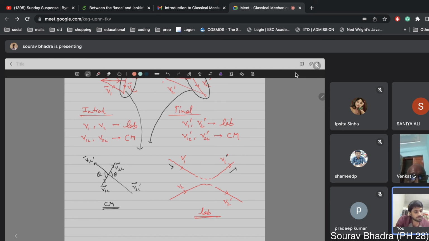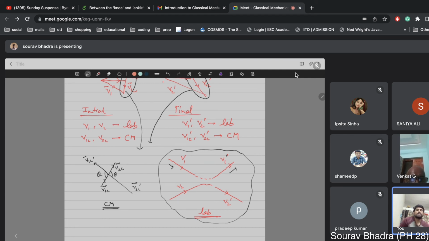So in a complex collision here, we cannot tell a priori which direction v1 and v2 will be directed without doing the detailed calculation.